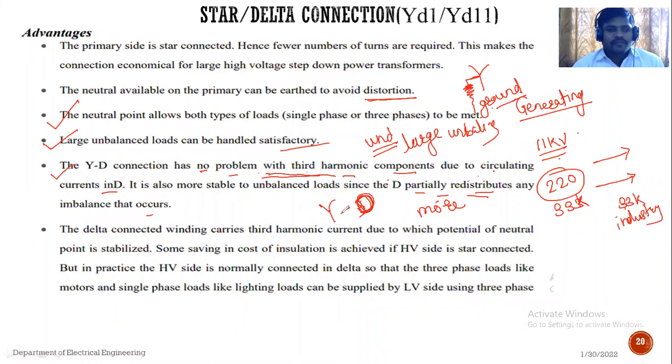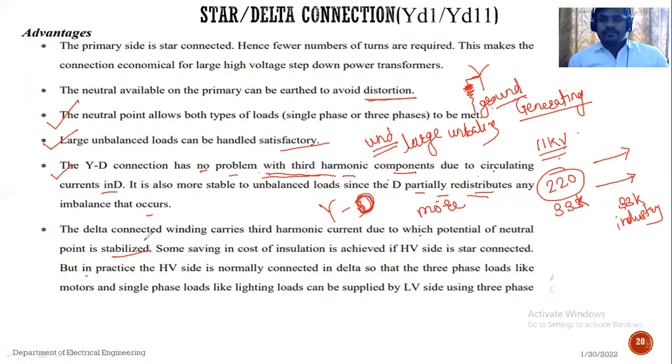Now, the delta connected winding will carry the third harmonic current, due to which the potential of the neutral point is stabilized.